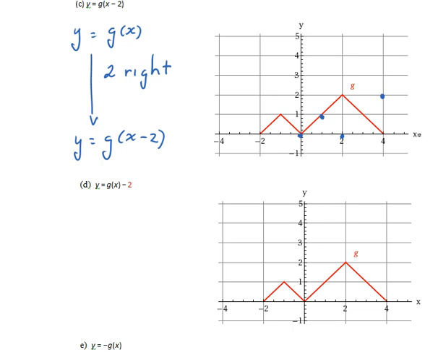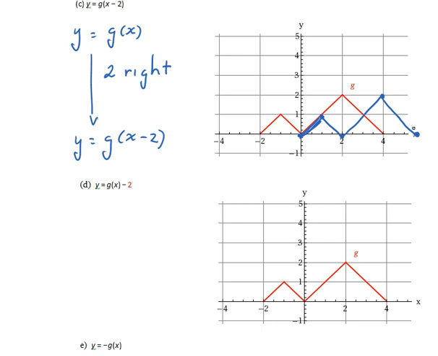And 4, 0 will go to 6, 0. Connecting these points gives us the graph that results when y equals g of x is slid 2 units to the right. This is y equals g of x minus 2.